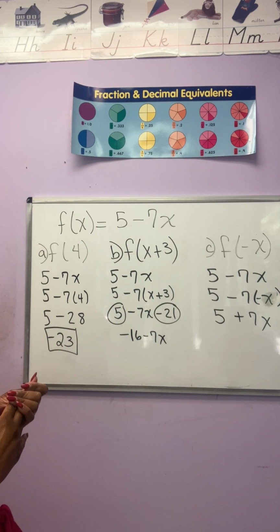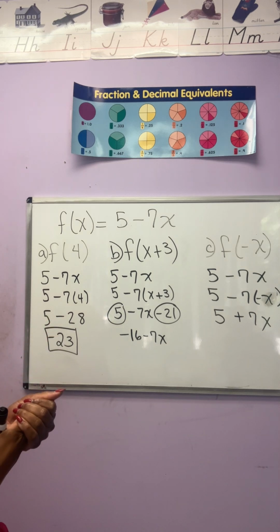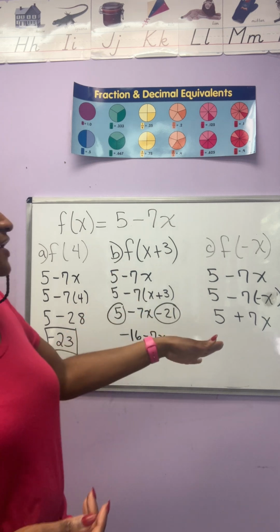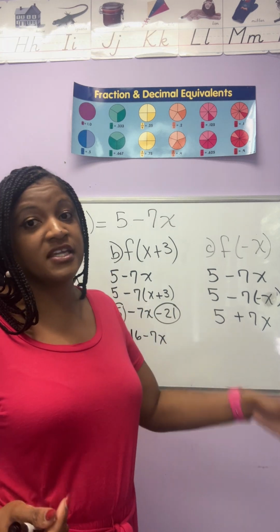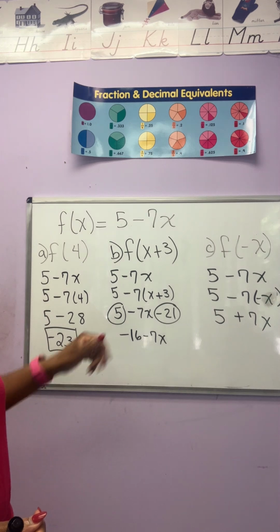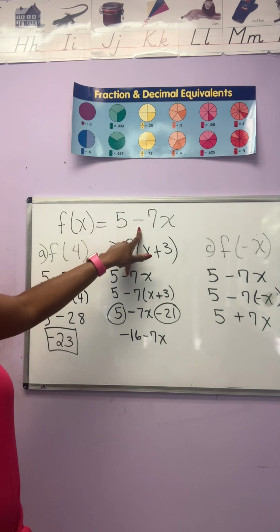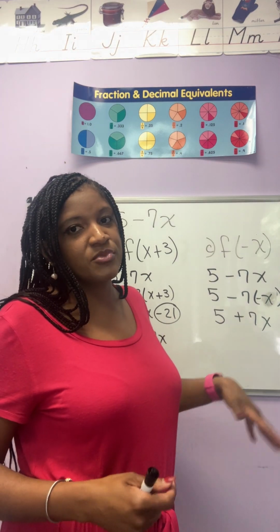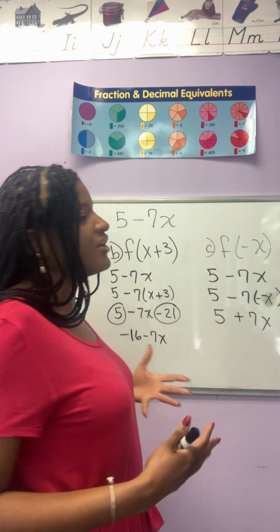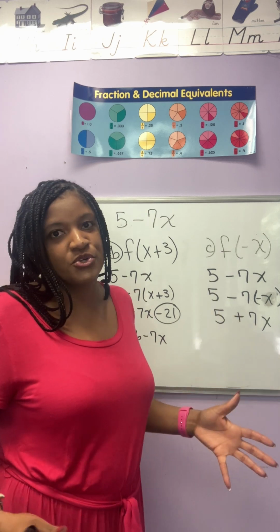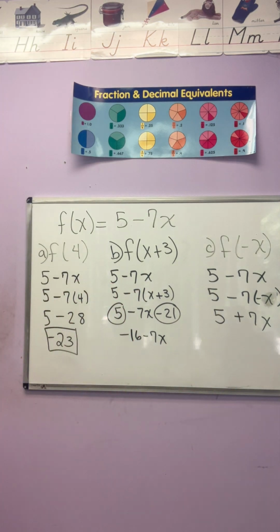So this one is neither, because if it was even, then we would end up with 5 minus 7x again. If it was odd, we would have ended up with negative 5 plus 7x. But it's neither, because we ended up with something that is not the exact original and not the exact negative version. So it's neither.